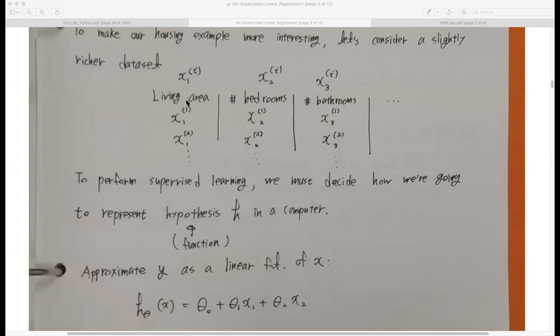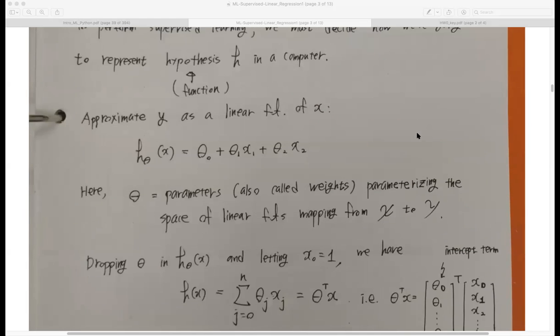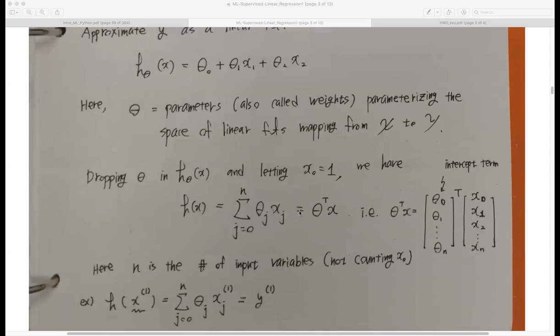The superscript i goes 1 through m, that's the number of rows, and the subscript j, the index of the feature, goes 1 through n.